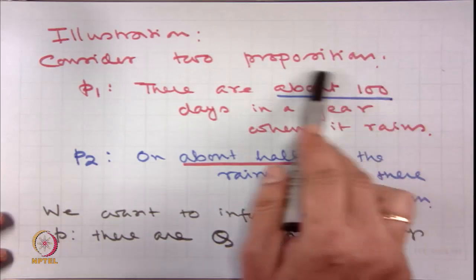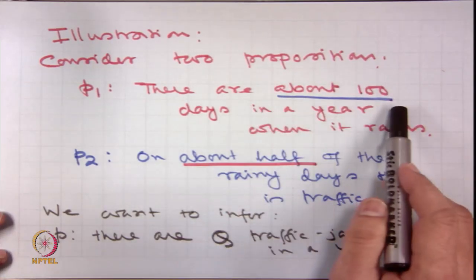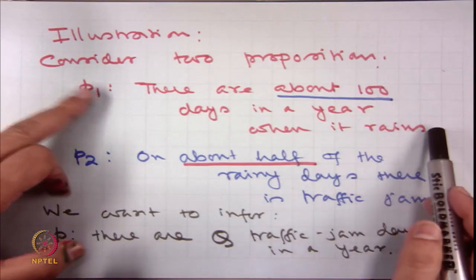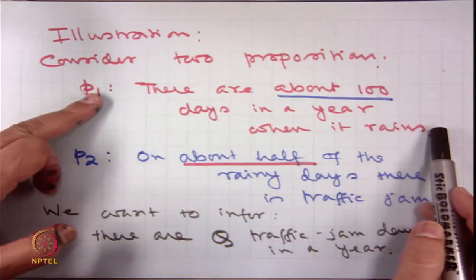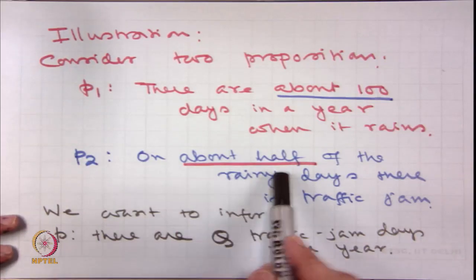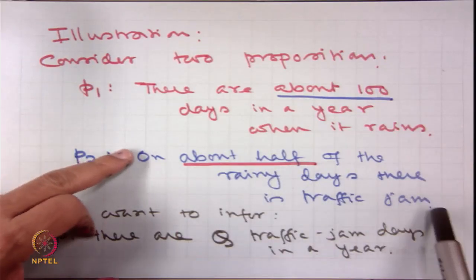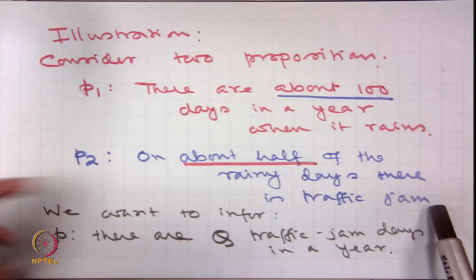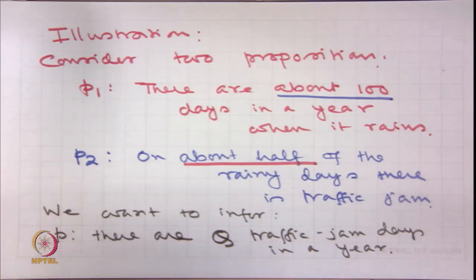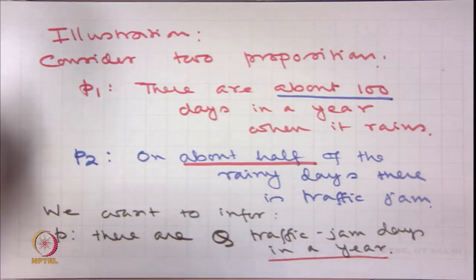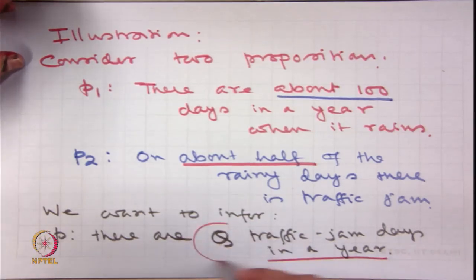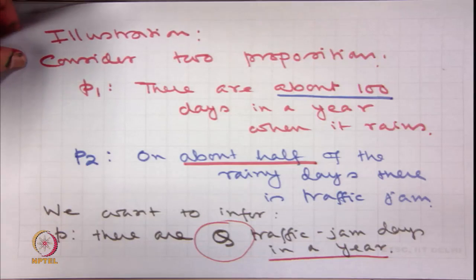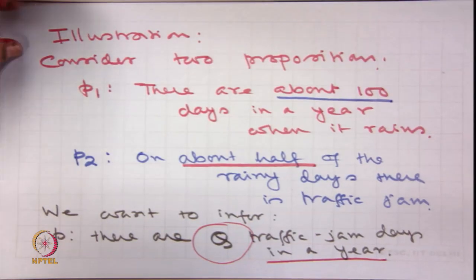We have a fuzzy quantifier related statement about how many days there is rain and a proportional statement on how many days there is a traffic jam. So, we want to infer on how many days in a year there is a traffic jam. We want to have an idea of this fuzzy quantifier Q.